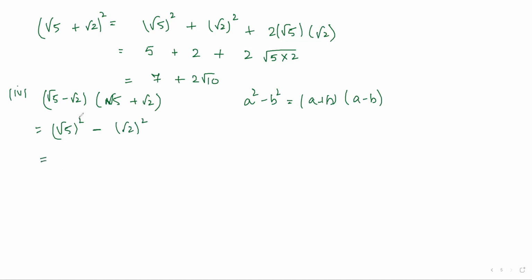So under root 5 into under root 5 is 5, minus root 2 into root 2 is 2. So the answer is 3. Is this clear?